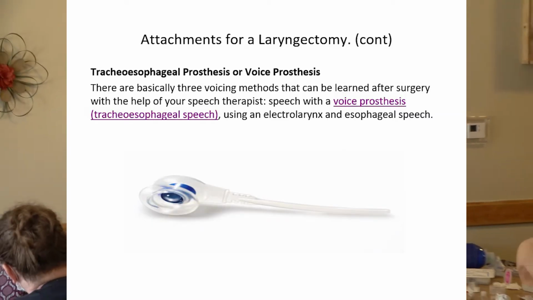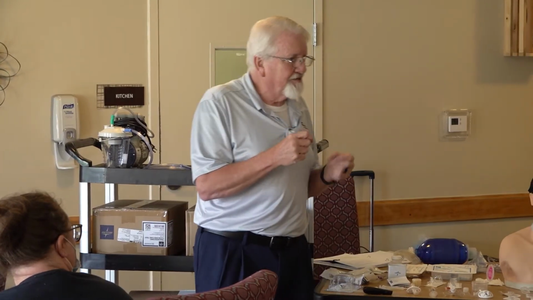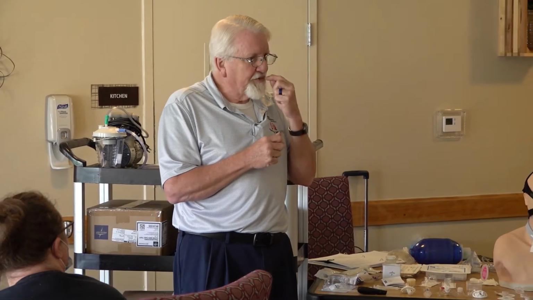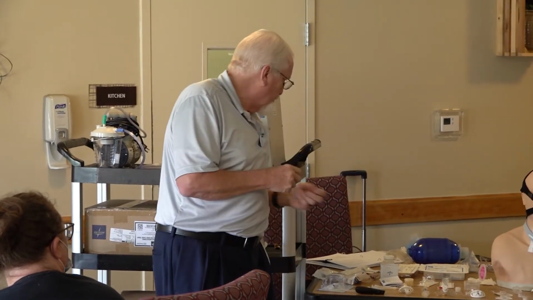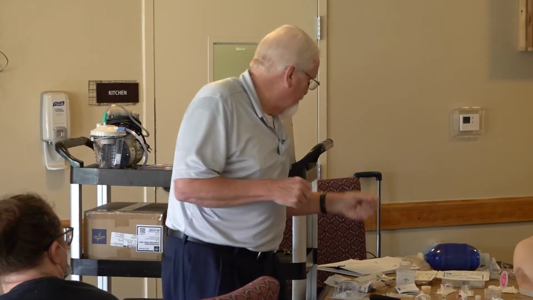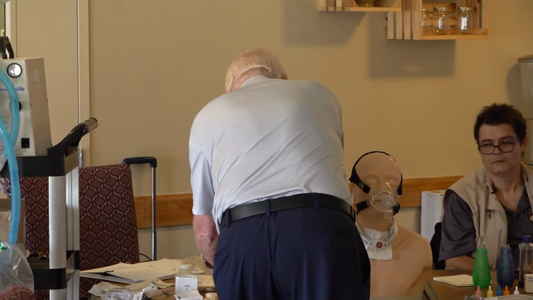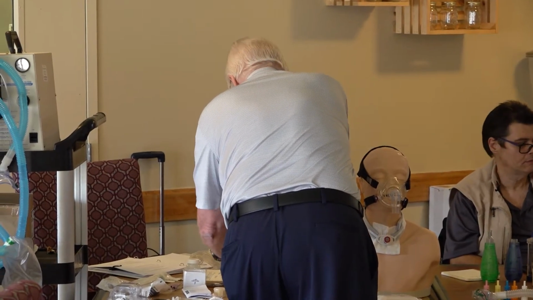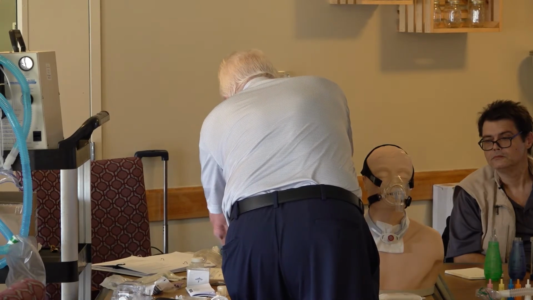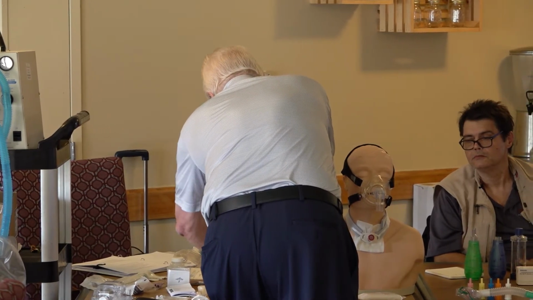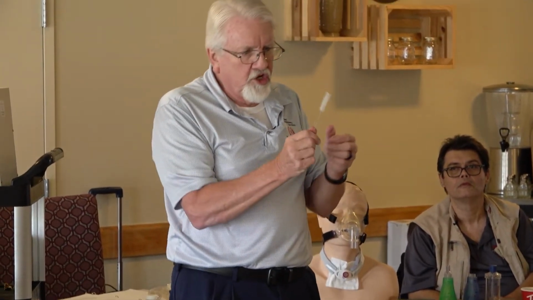When you have to do TEP care, it's simple. If they have a TEP, you're going to get 2 pieces of equipment, I guess you would call it. You're going to get a brush that's going to look a little bit like this.